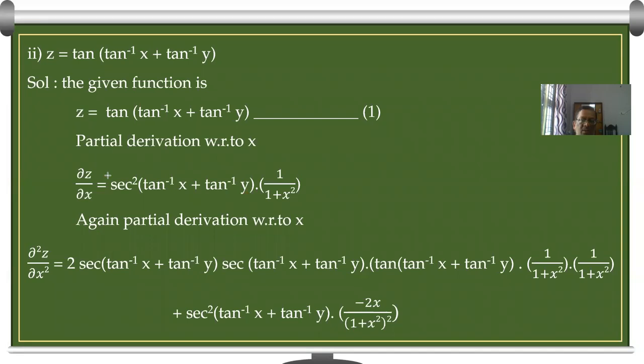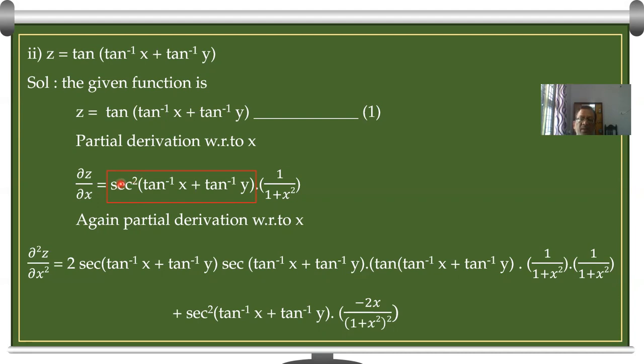In this function, the power is 2, so first we want to differentiate the power, as per the x power n formula. What is the x power n derivative formula? n into x power n minus 1. Therefore, first we have to differentiate the power.